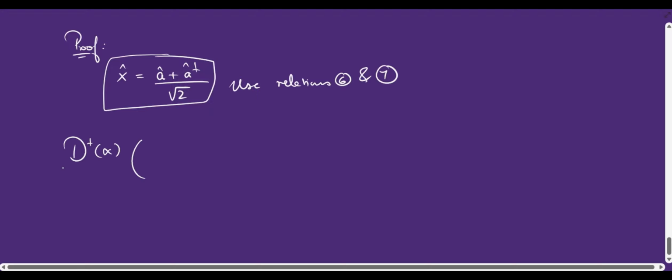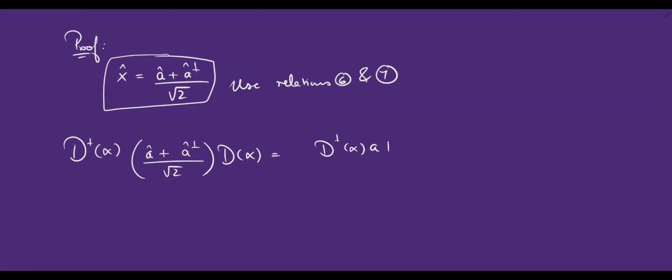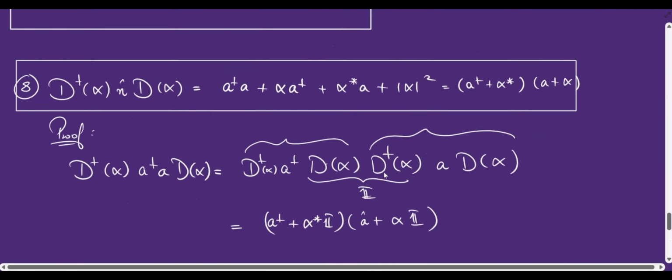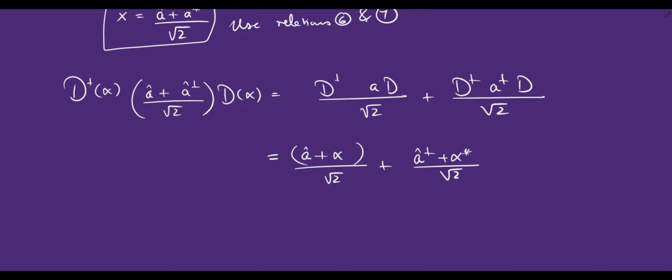So this is equal to a cap plus a cap dagger by root 2 into d of alpha, which is equal to d dagger alpha a d by root 2 plus d dagger a dagger d by root 2, which is equal to, what was this, a plus alpha by root 2 plus a dagger plus alpha star by root 2.